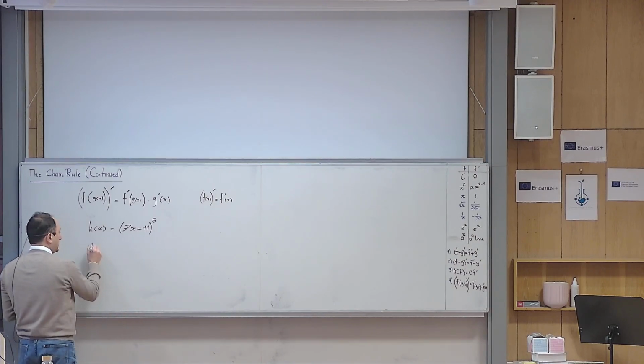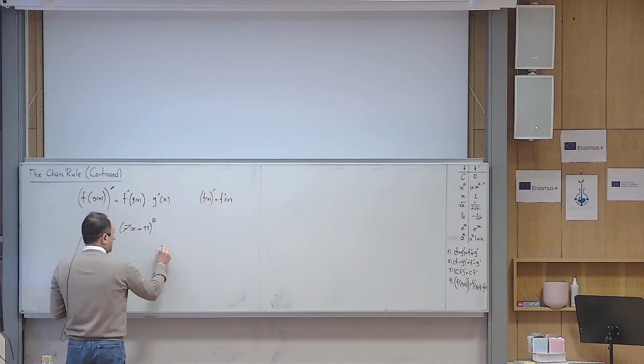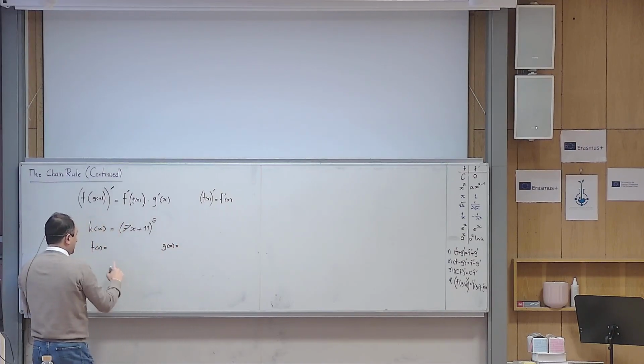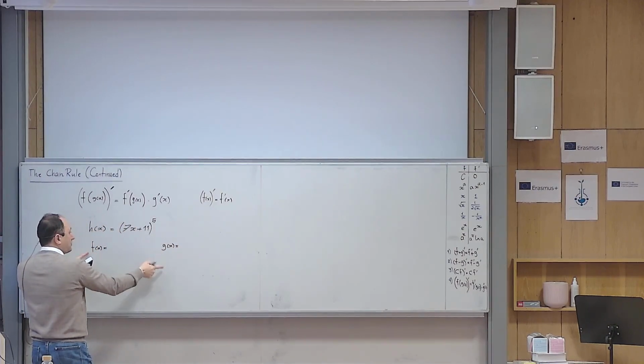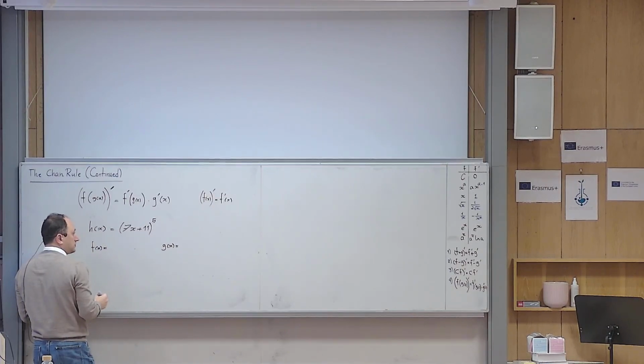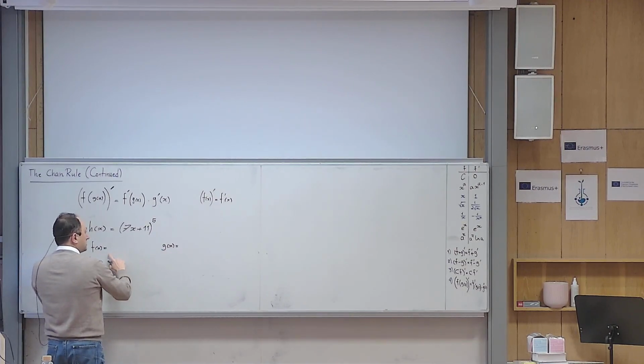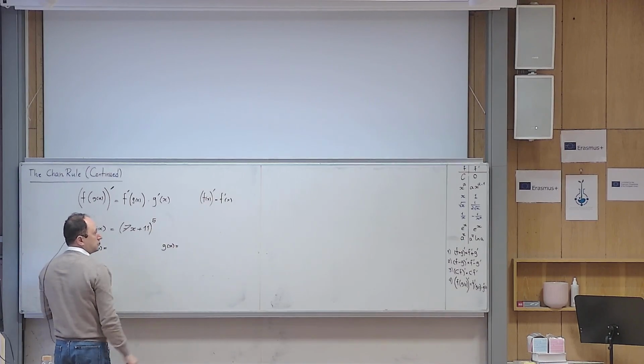You have to guess the outer function and the inner function. Your goal is that if you compose f after g, it becomes this function. This is one criterion. The other criterion is that each one of these functions you can differentiate using your table.